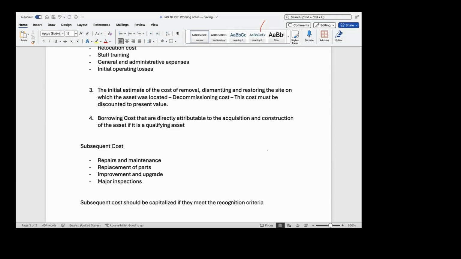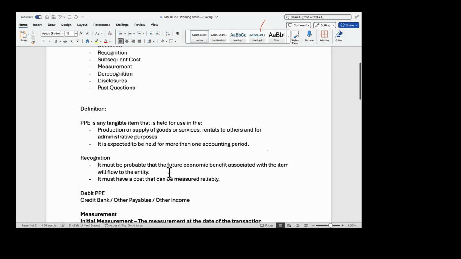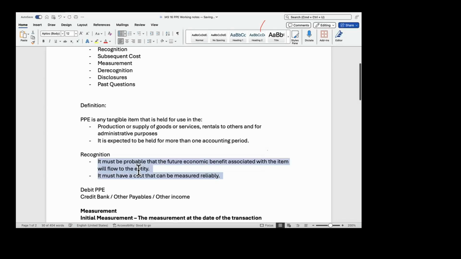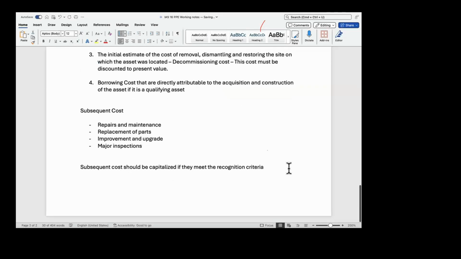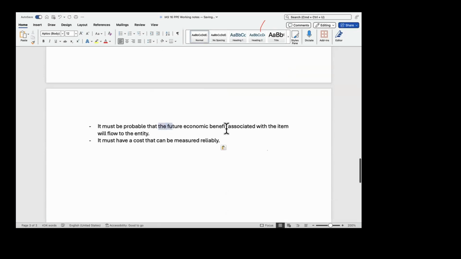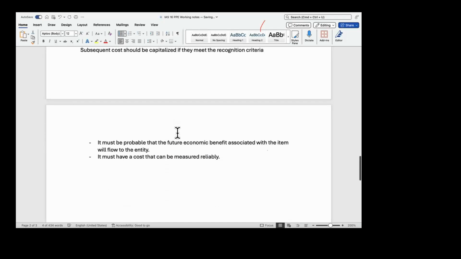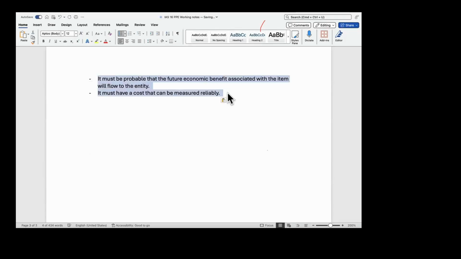And you already know the recognition criteria: it must be probable that future economic benefit associated with the item will flow to the entity, and it must have a cost that can be measured reliably. So let's say, for example, you incur repairs and maintenance. You look at that repairs and maintenance, does it meet this? Will that repairs and maintenance generate future economic benefits?